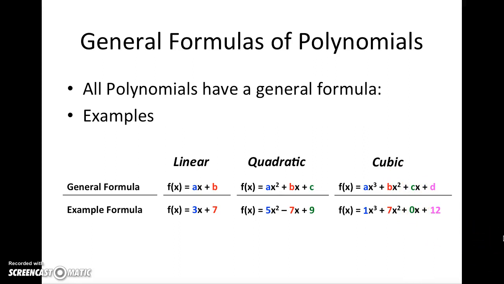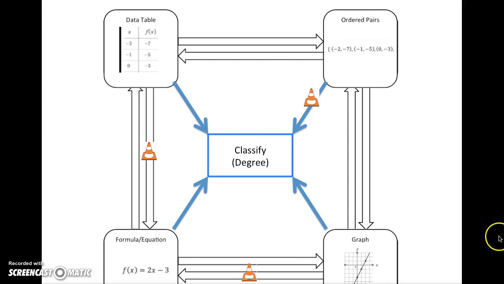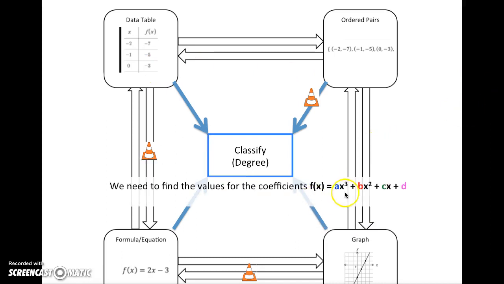Now what does that have to do with writing the formula equation from a data table? How are we going to build that road with that information? Well, you'll learn most of that in class, but it's important to know that in order to write the formula or equation from a data table, you must be able to find from the data table the values of the coefficients a, b, c, d, etc.